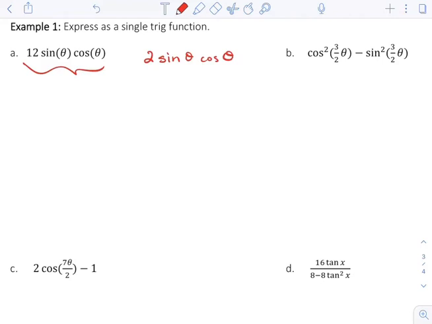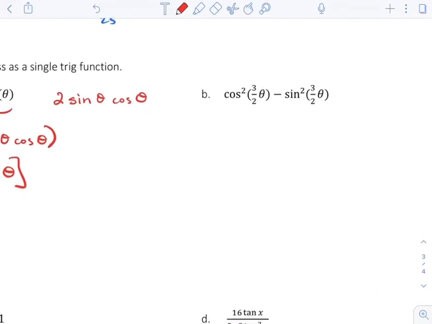I want it to be 2. So what we can do is factor out 6. Put it into a form that we're used to seeing. And I know that what we have in the bracket is equal to sine 2 theta. And that would be the answer. Just 6 times sine 2 theta.